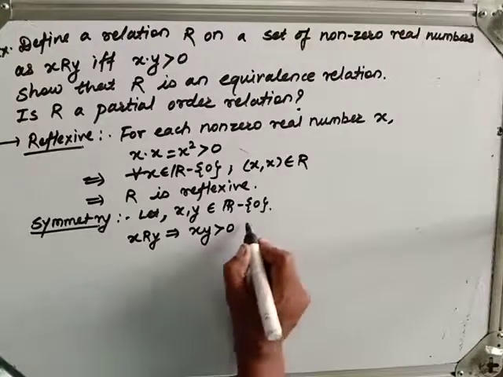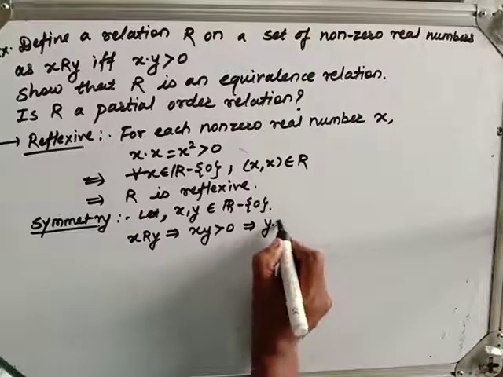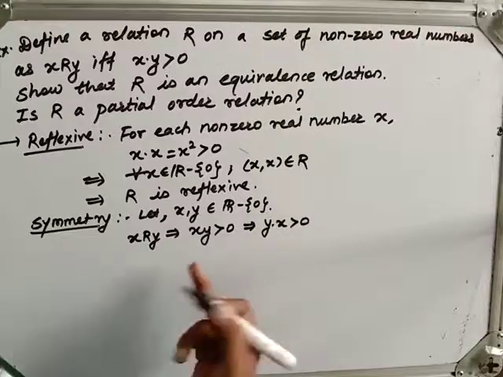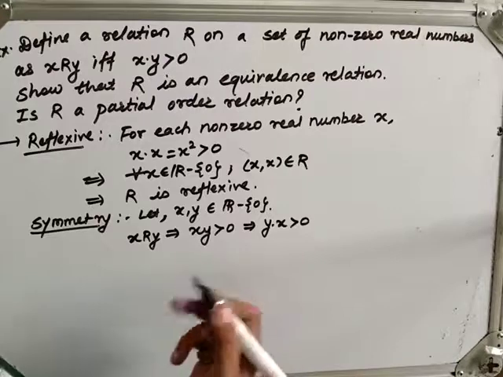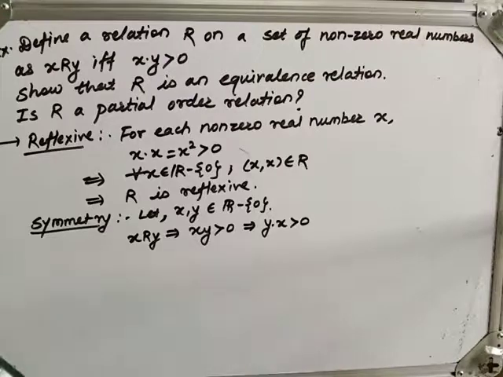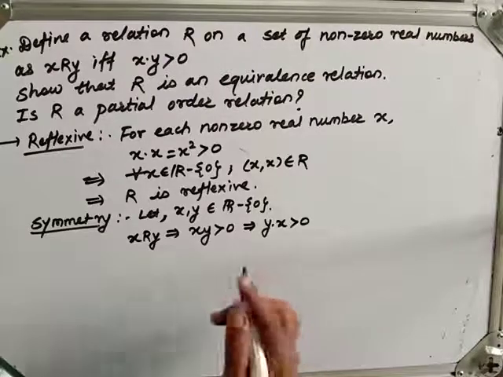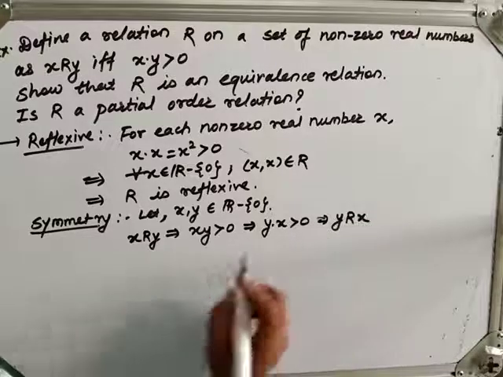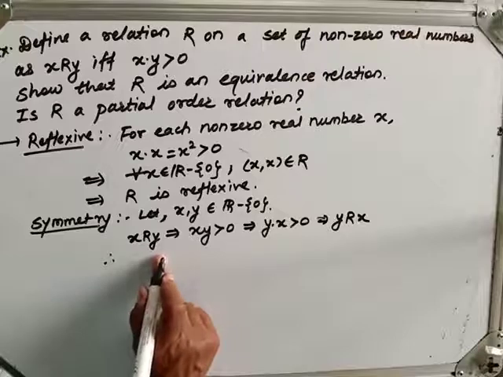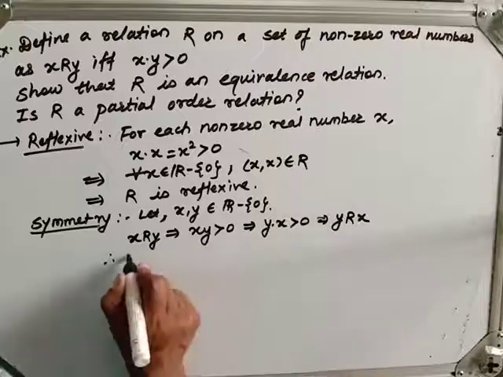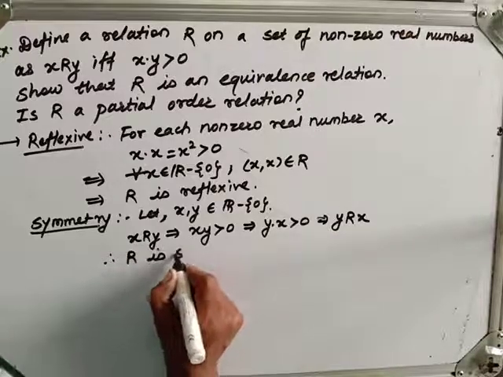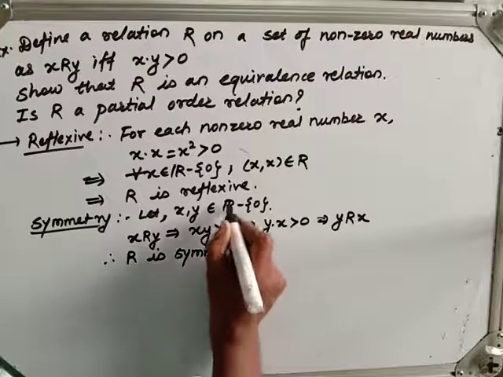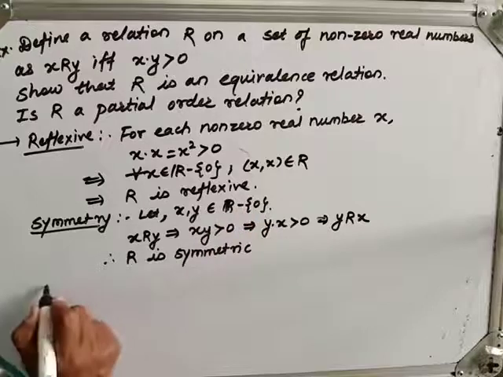Now x times y is positive is the same as to say y times x is also positive, if we commute the numbers in multiplication, the product is the same. So that implies y is related to x. Therefore x related to y gives y related to x. So I can say R is symmetric.